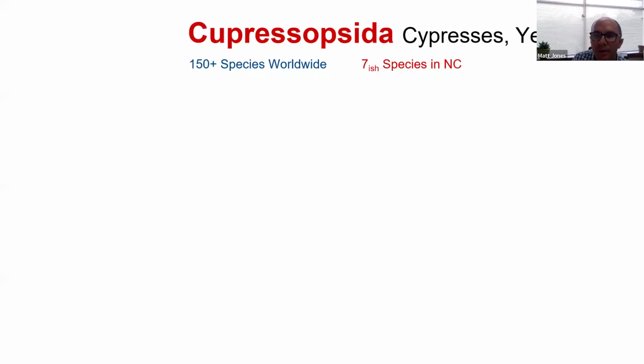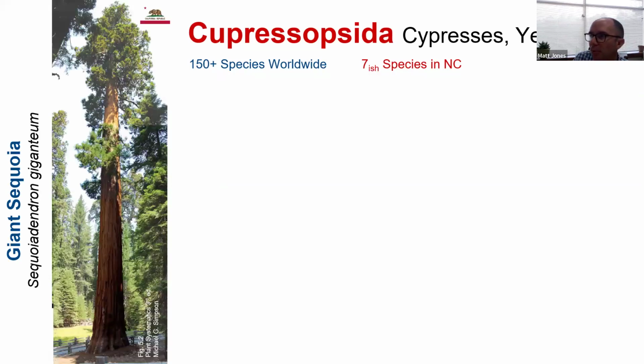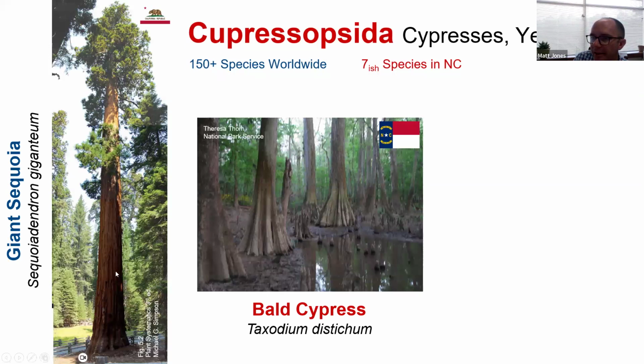Okay, within the conifers, we have the cupressoids and the pines. The cupressoids include things like giant sequoia and coastal redwood, neither of which occur in North Carolina, but these are the largest single plants on the planet.